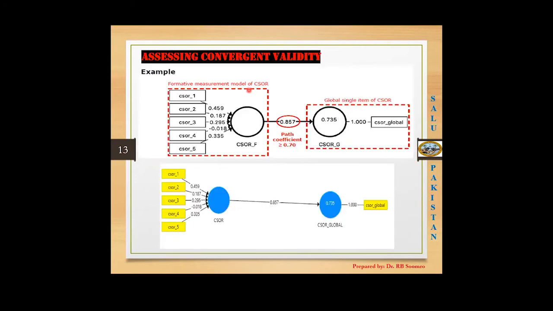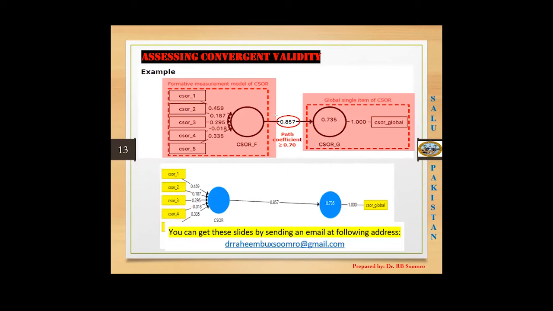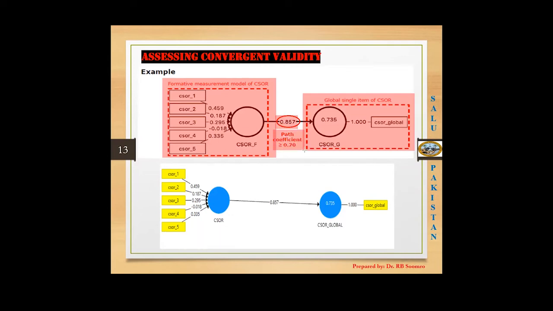Here is our example, a formative measurement model. This is the formative construct, and this is a global single item for the CSR. Here there are several items of the CSR, but there is only one. The relationship between these two is 0.857, which is higher than the requirement.